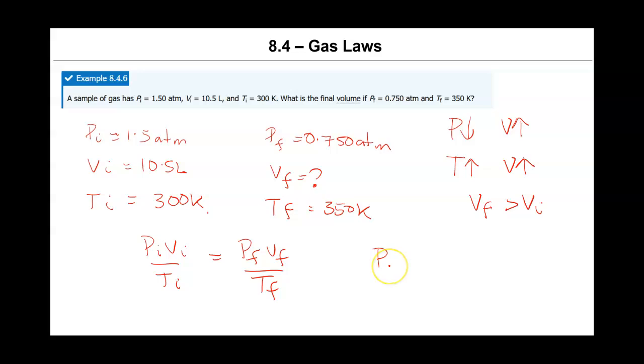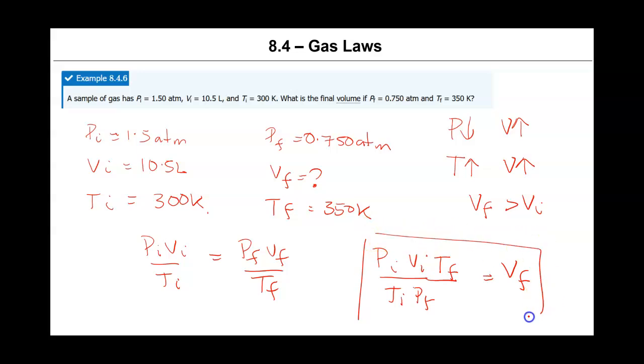We want VF, so we need to divide both sides by PF and multiply both sides by TF. And there we are. So that's what we need to put into our calculator in order to get our final answer.